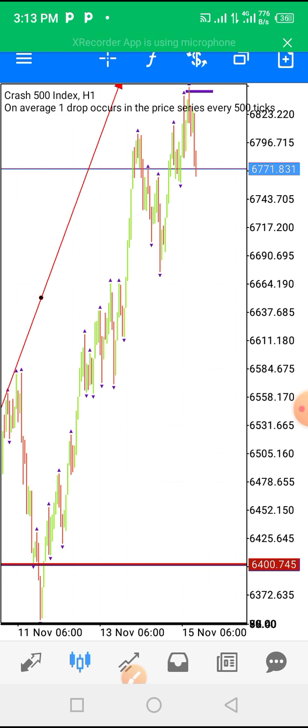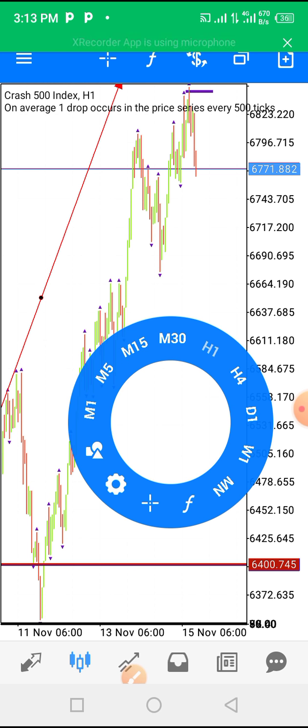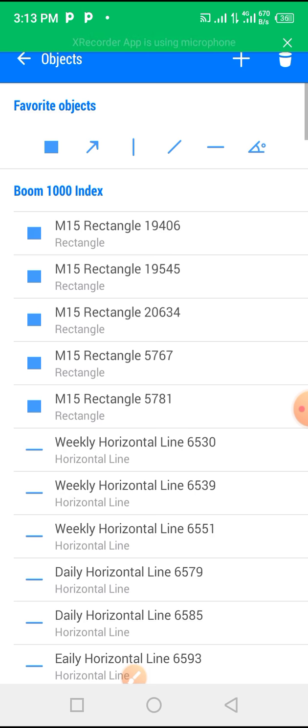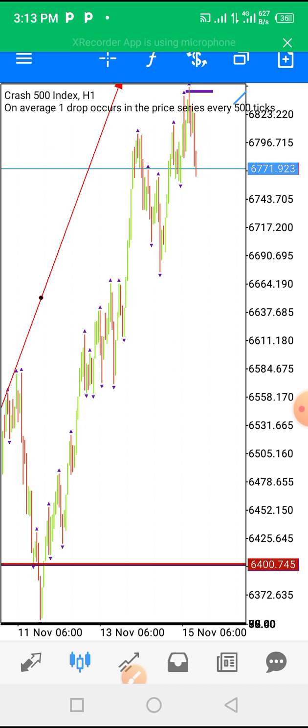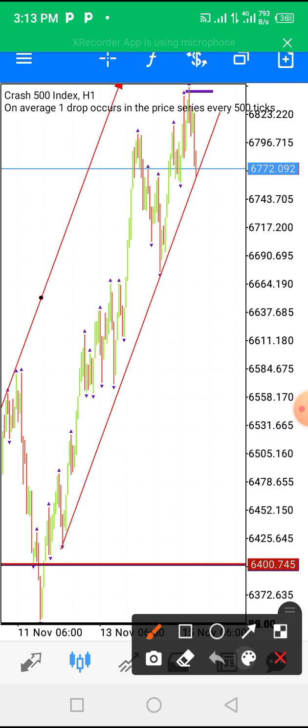So what you do, you tap on your screen, go to your tools, get your trend line, and find two or more points where price will touch your trend line. I just drop it and carry it straight up this way. If you watch my line now, you find out that this line touched this place, this place, and this place.